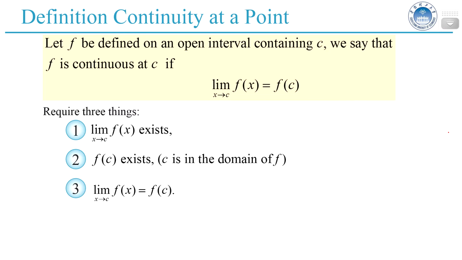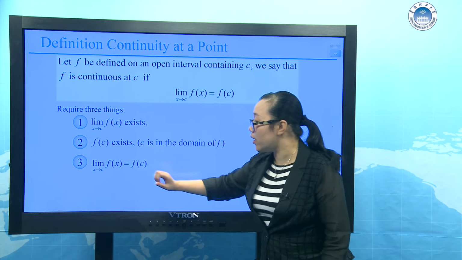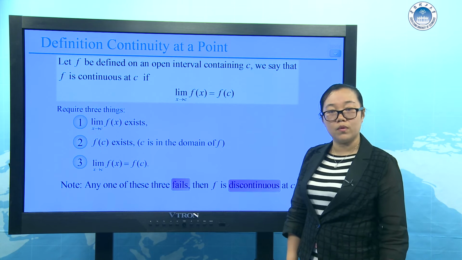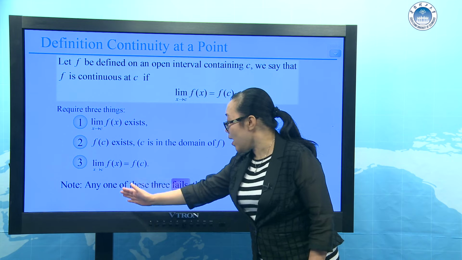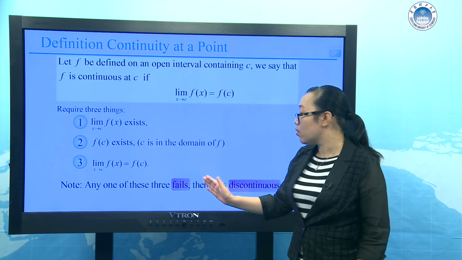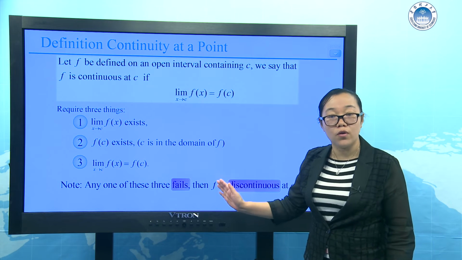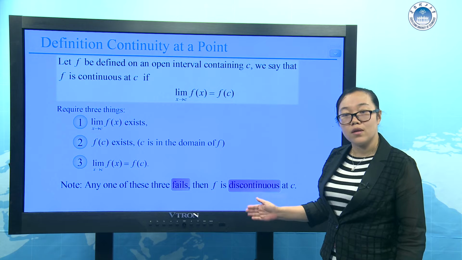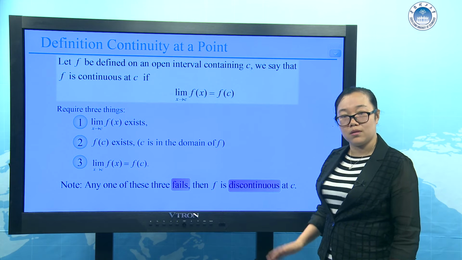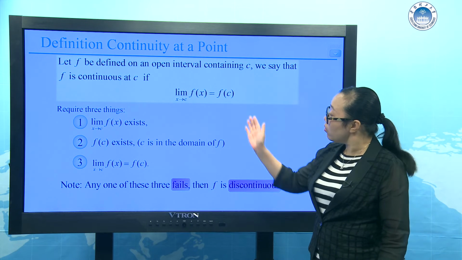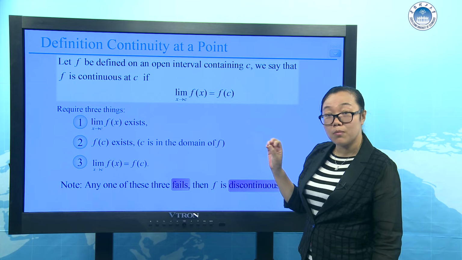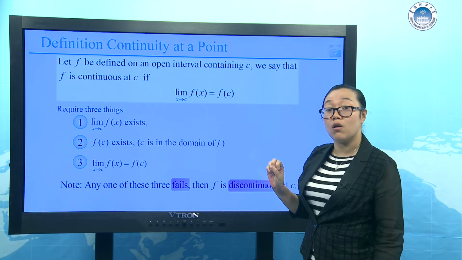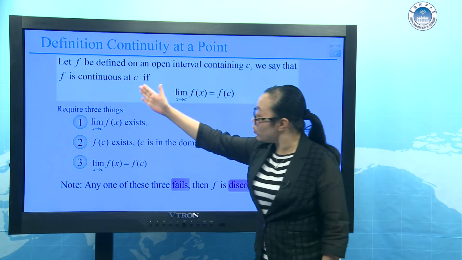The limit exists, f(x) is defined at c, and the two values are equal. Pay attention: if any of these three conditions fails, then f is discontinuous at c. So according to the three conditions, we can determine whether f(x) is continuous or not.